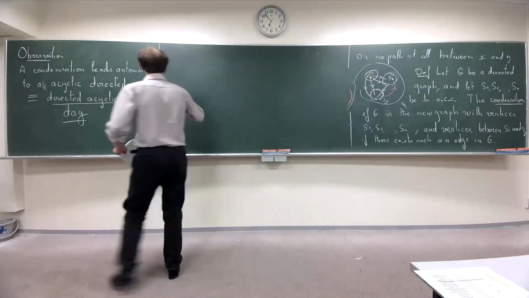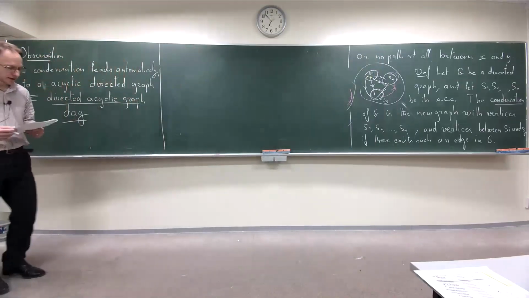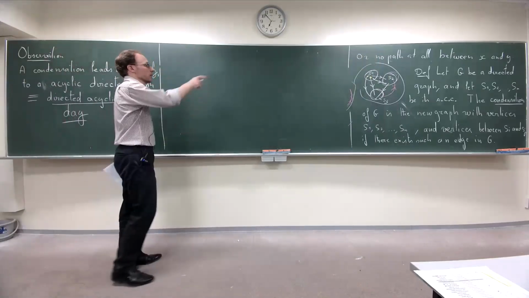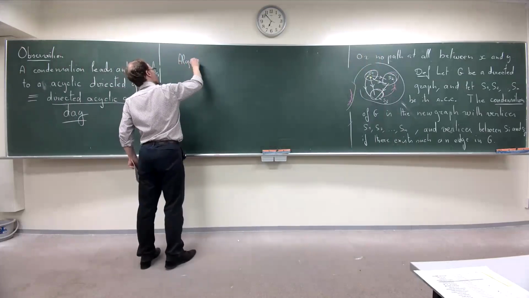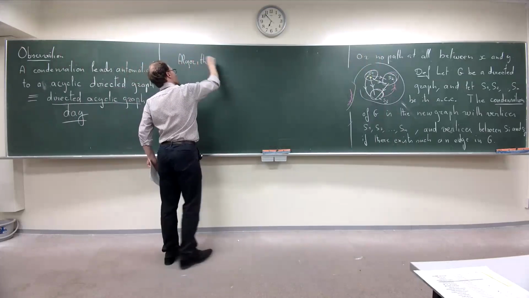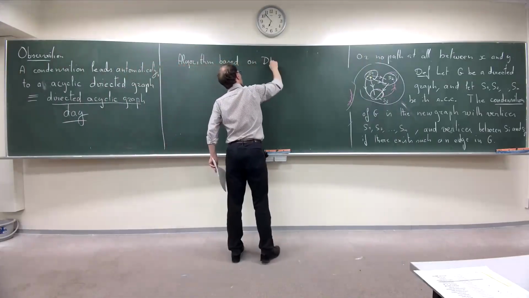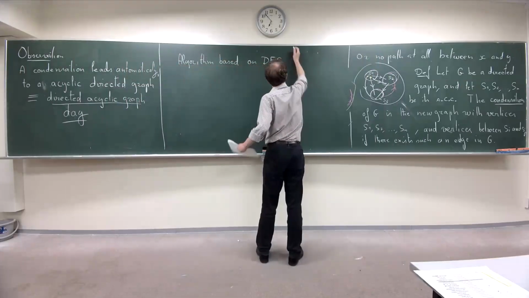However, I can give you just one ingredient, or one result that I want to mention. So it's not the algorithm, but it's one piece of information, because the algorithm is based on DFS, the DFS algorithm.